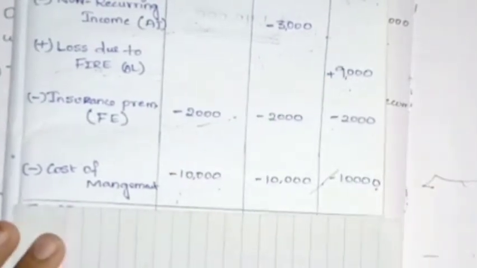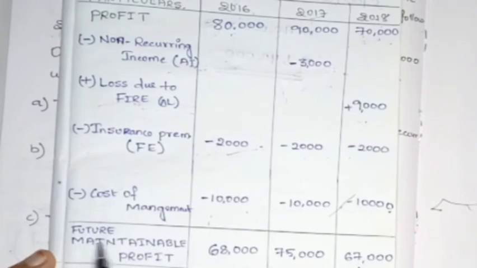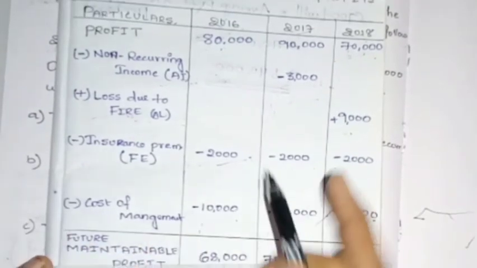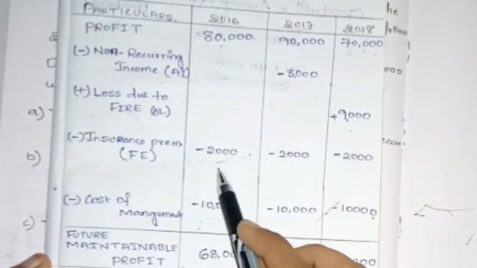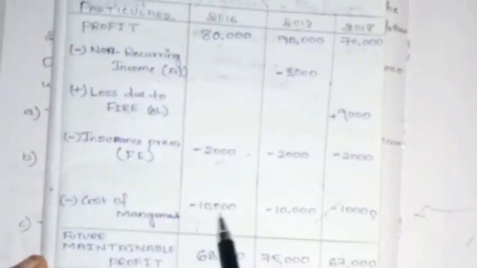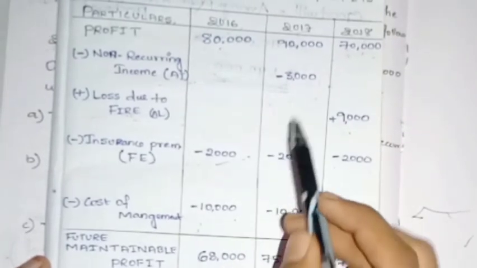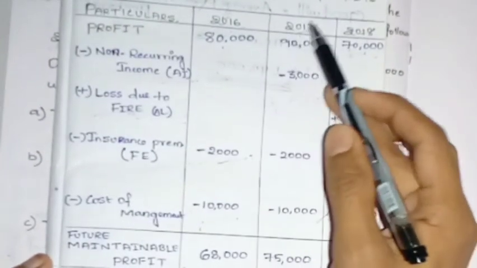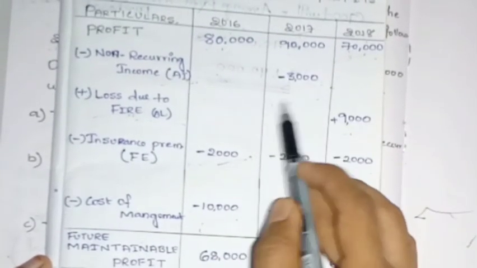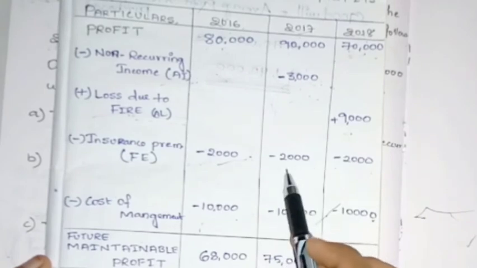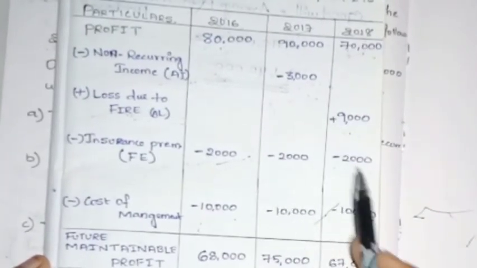Okay, so then after subtracting all these and making the adjustments, we will get the future maintainable profit. Okay, see, 80,000 minus 2,000 will be 78,000, and then minus 10,000 will be 68,000. And in 2017, 90,000 minus 3,000 is 87,000, and 87,000 minus 2,000 is 85,000, and 85,000 minus 10,000 is 75,000.